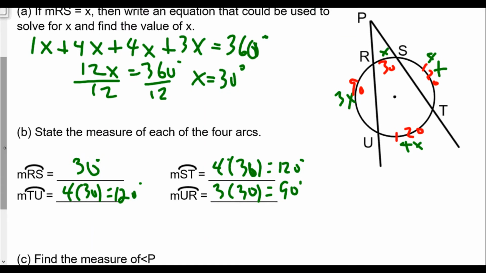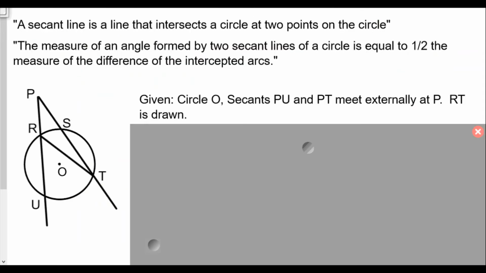To find angle P, we need to take a look at the relationship when two secants intersect a circle. A secant line is a line that intersects a circle at 2 points on the circle. A tangent line only hits the circle at 1 point. We talked about a chopstick picking up a meatball, where the chopstick picks up the meatball is the point of tangency.